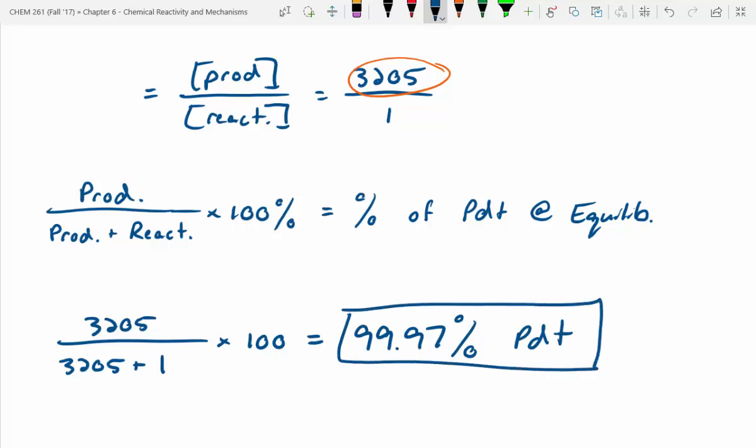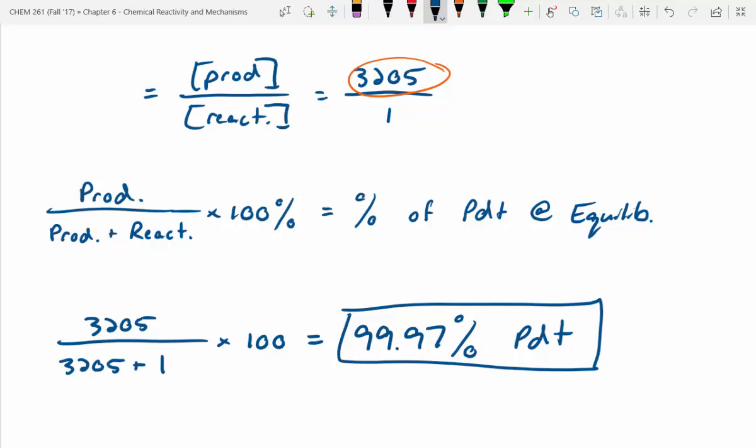This gets back to the idea of what an equilibrium is, though. Usually, if a reaction's 99.97% on the product side, we don't really consider that an equilibrium anymore. Theoretically, every reaction is at equilibrium, but the way we show that arrow as either a double-headed arrow or a single-headed arrow depends a lot on this. If we're talking about something that's 99.97%, it's essentially all product at that point.